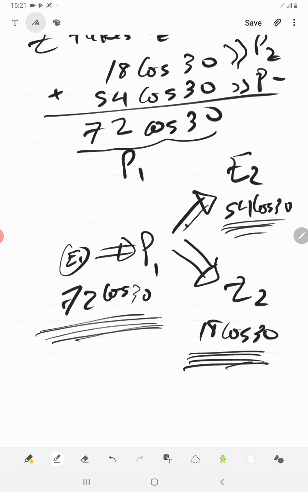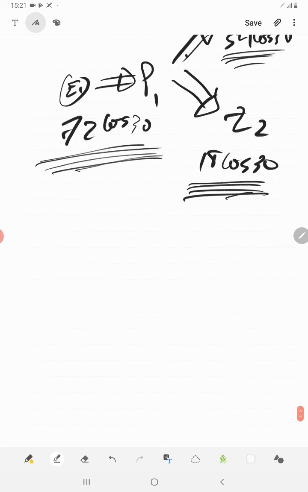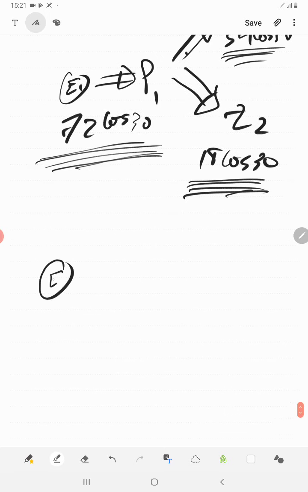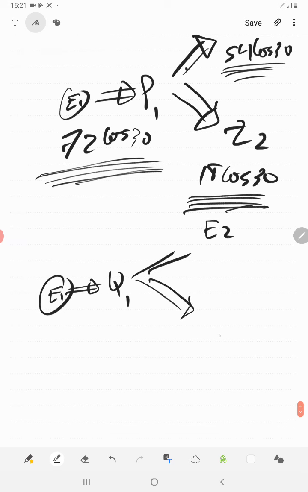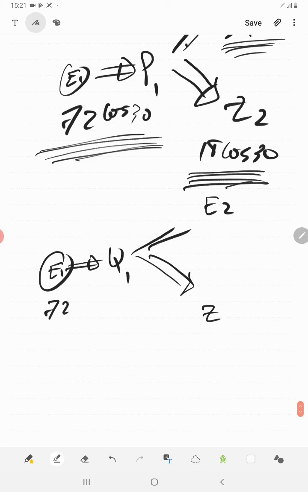Okay, same for Q. E1 supplies Q1. Part of it will go to E2, and part of it will go to Z. Here is 72 sine 30, 54 sine 30, and here is 18 sine 30.